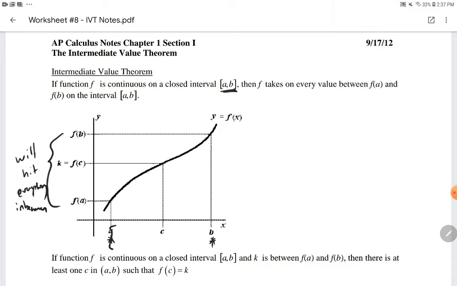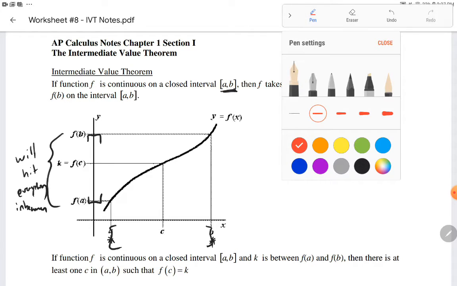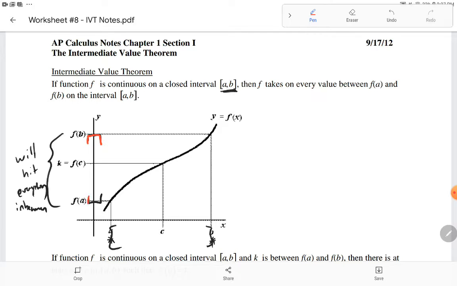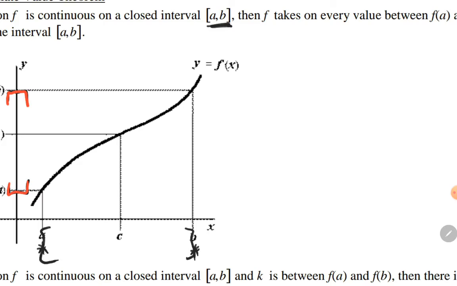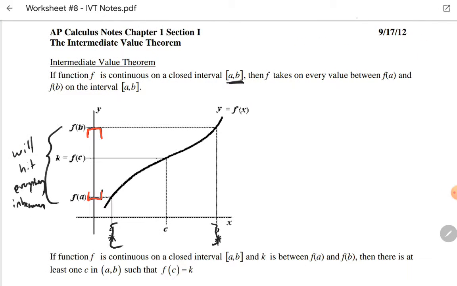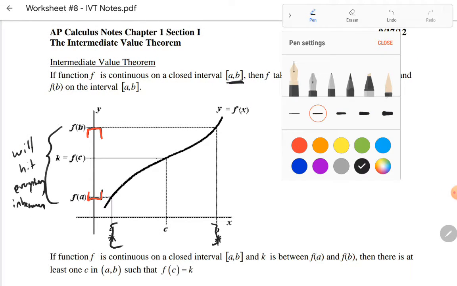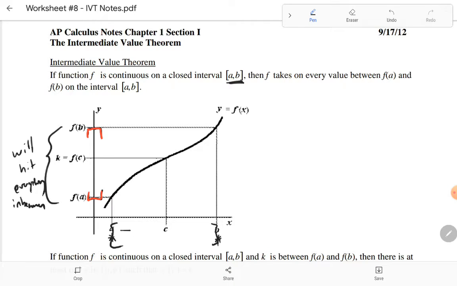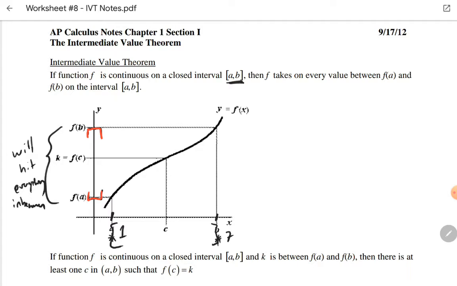So it's like this x piece will guarantee this piece. I'll do it in a different color. Will guarantee this red height, meaning, let's say my x values were 1 to 7, and these height values were 2 to 10.